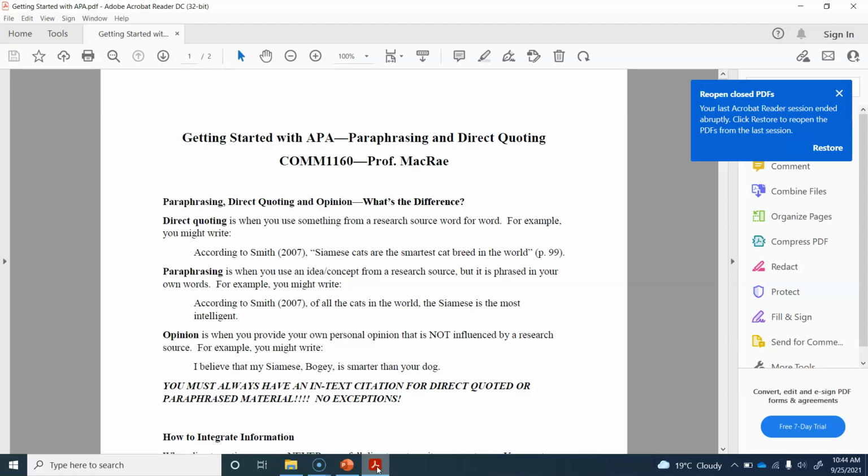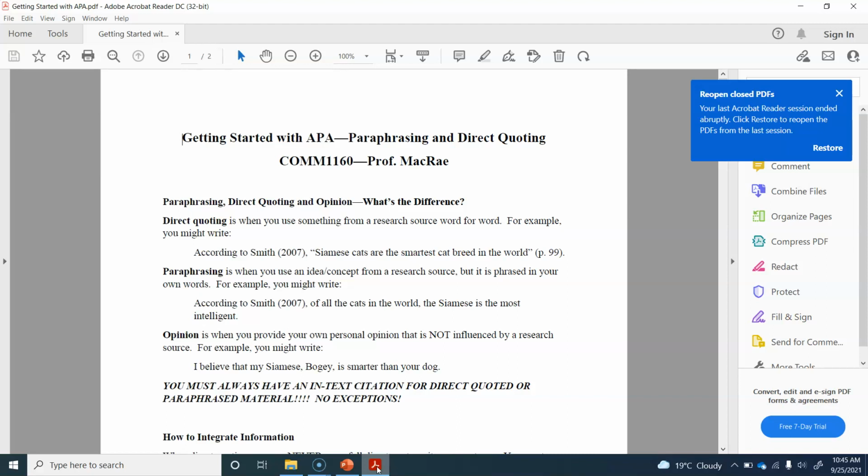If you wanted to use this sentence exactly, you would put it in quotation marks and present it as a direct quote. So you might say something like, according to Smith, and I'll go over what's here in the bracket, that's the APA citations, quote, Siamese cats are the smartest cat breed in the world, unquote.